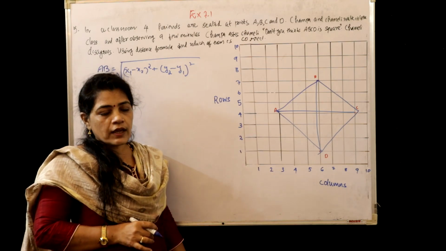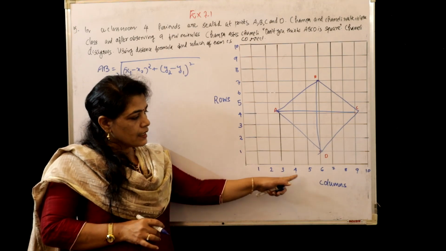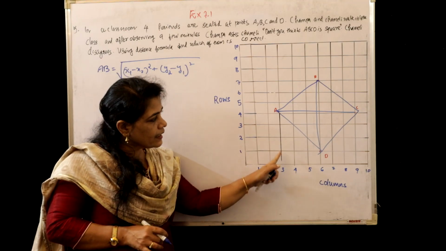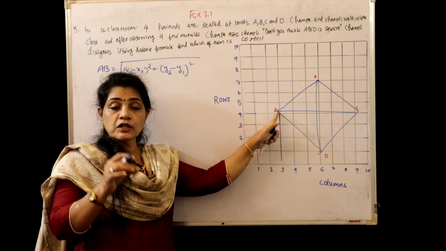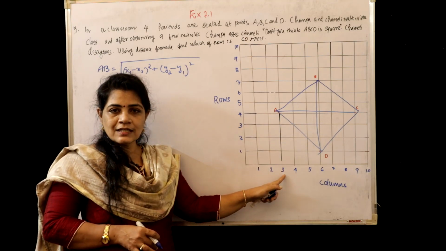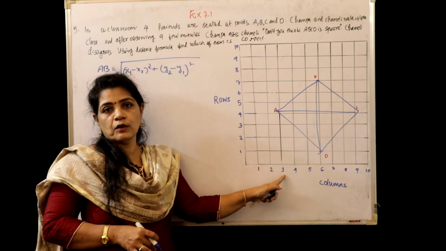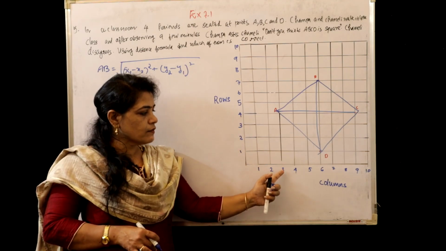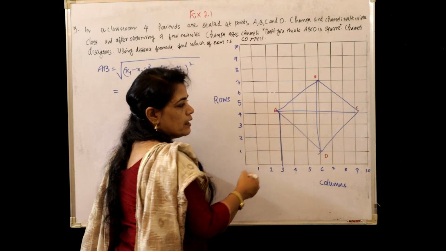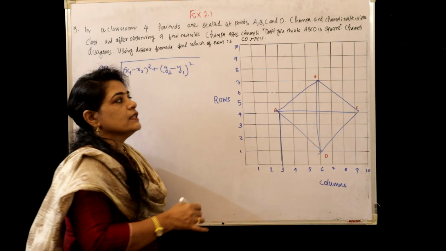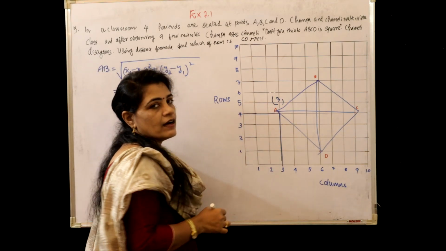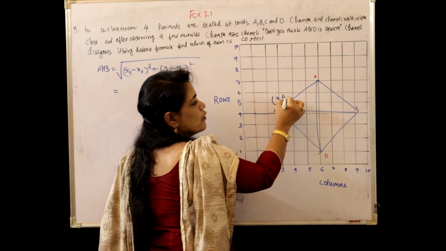Consider this as the x-axis and this as the y-axis. To get the coordinates of point A, draw the perpendicular from A towards the x-axis and see where it meets the x-axis, and it's very clear, 3. So the x coordinate is 3, and the y coordinate towards the y-axis is 4. So A is (3, 4).